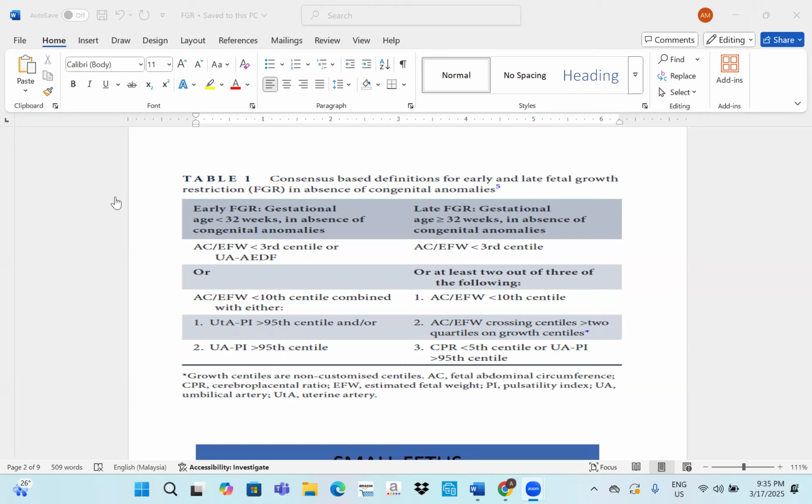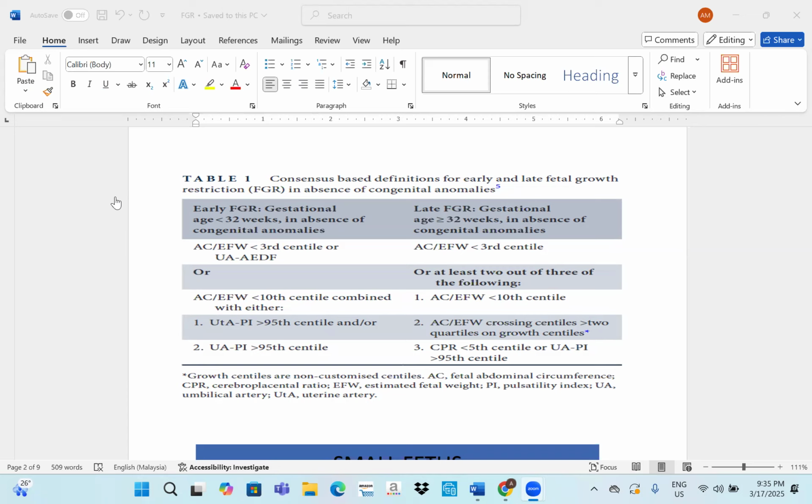Here, either if the umbilical artery Doppler is abnormal, that is absent end diastolic flow, or the estimated fetal weight or abdominal circumference is less than third centile. Not just the less than third centile. Even if the umbilical artery Doppler is abnormal, less than 32 weeks, we say it is FGR. So you should think about these things.